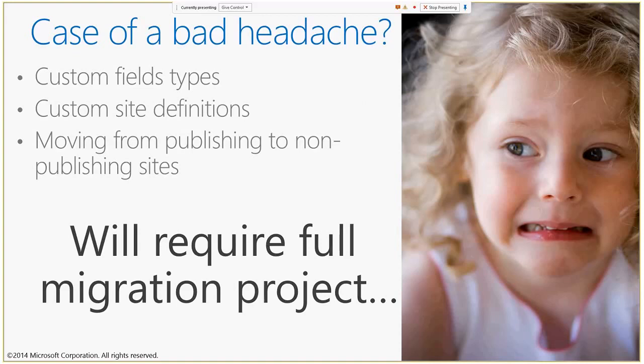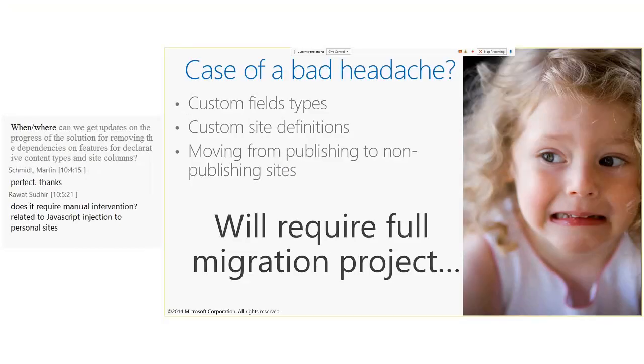You can't get rid of the custom site definition without a full migration project. Or if you're moving from a publishing to a non-publishing site, which is the case I had, which was a wrong design decision a few years back, we're now trying to decustomize that away. And that requires a full migration project. And what I mean with the full migration project is, well, the number one question, okay, how do we succeed with the full migration process?